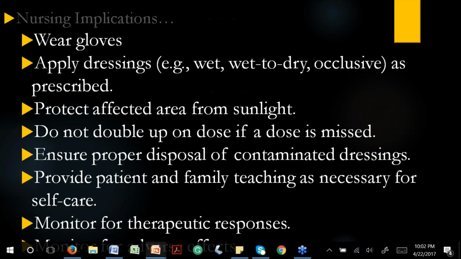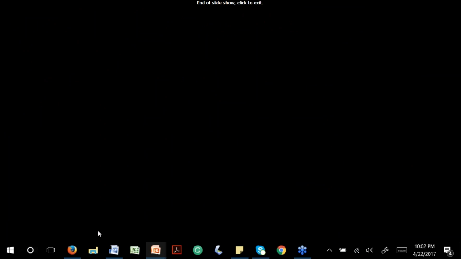Okay. So that is about what I want to talk about today. I'm going to make a small summary right now about what we were talking about in a few seconds. Okay. Number one, we were talking about acyclovir. What is the main thing that we need to remember?